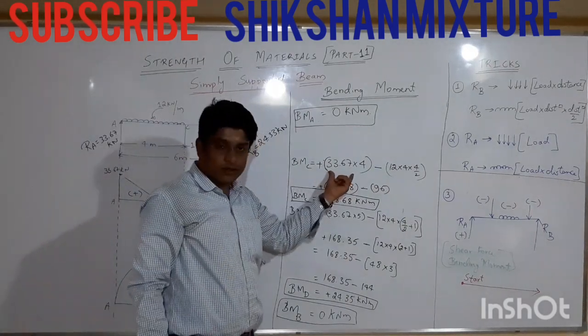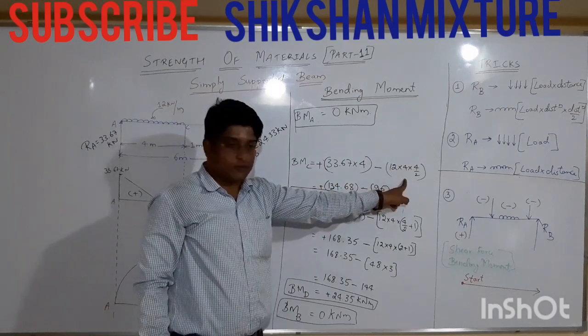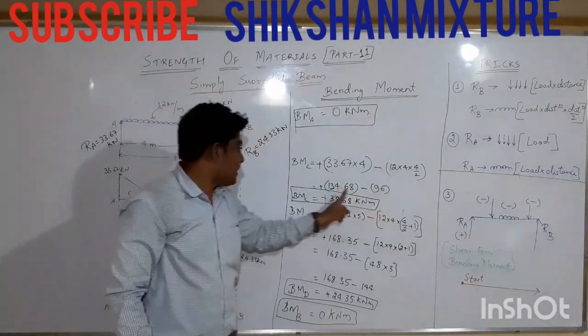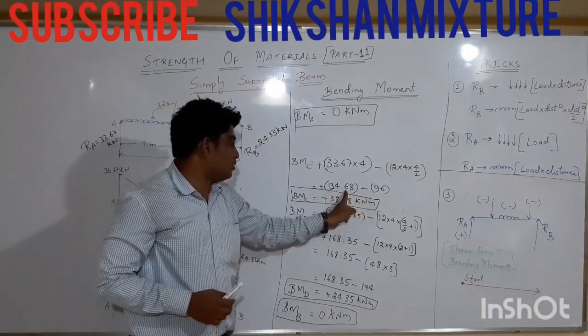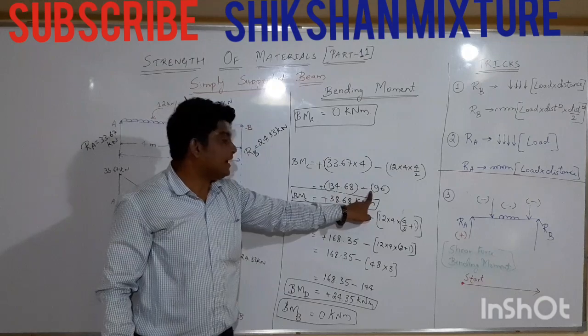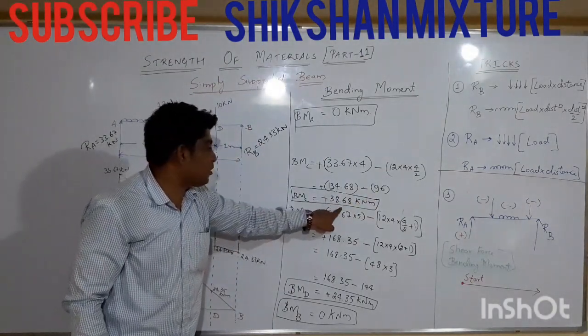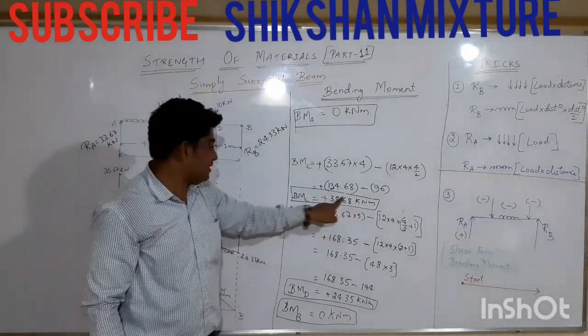If you calculate, we get 134.68 and 96. If you subtract, 134.68 minus 96, you get bending moment at C as 38.68 kilonewton meter, that is positive.